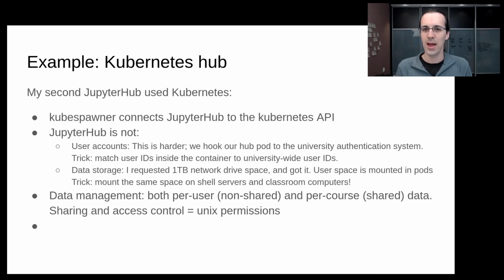And suddenly the data that would otherwise be contained only within JupyterHub is now available on classroom computers, when people go to classrooms, or more importantly, via shell servers. So that way they can access their data via SSH. So these students are not constricted to use only the JupyterHub to do whatever they're doing here, but it's basically one way of accessing the same data.